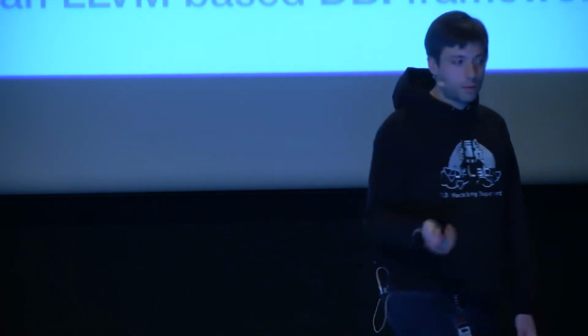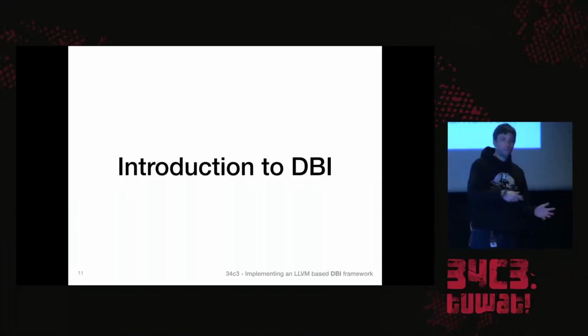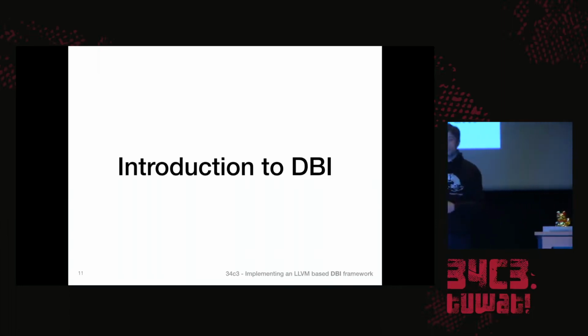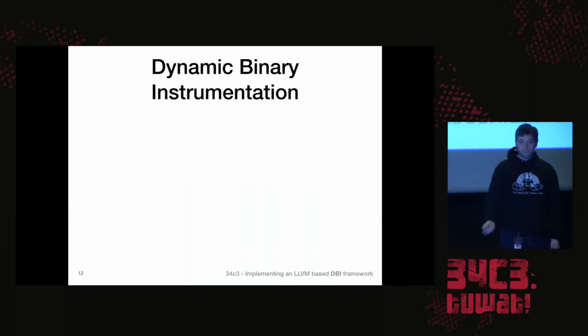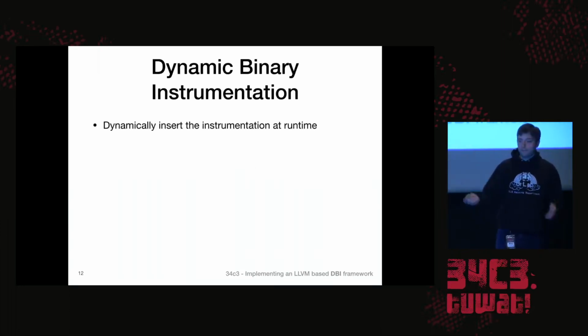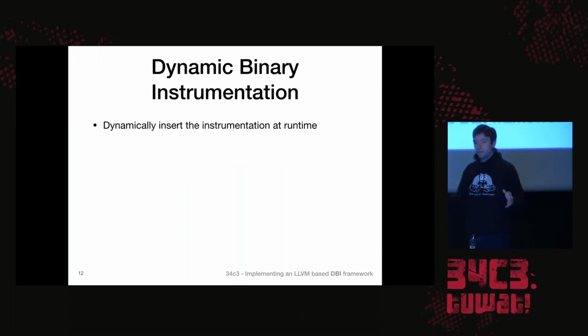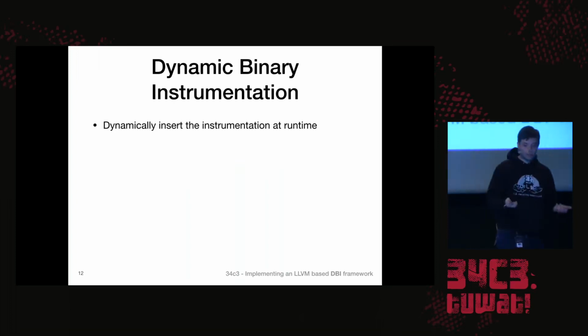So to understand the rest of the talk, you need to understand how DBI exactly works. So I'm going to try to explain that, if I get it correctly. The simple idea is that dynamic binary instrumentation is about dynamically inserting the instrumentation, so the code you wrote, inside the binary during runtime.